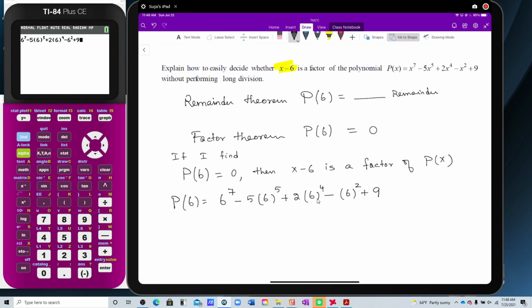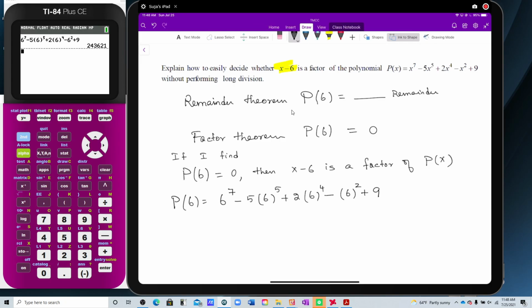And when I hit enter, if I get a 0, then the conclusion is it is a factor. I don't get a 0. Okay, so this is the remainder. So the conclusion is it is not a factor of this polynomial.